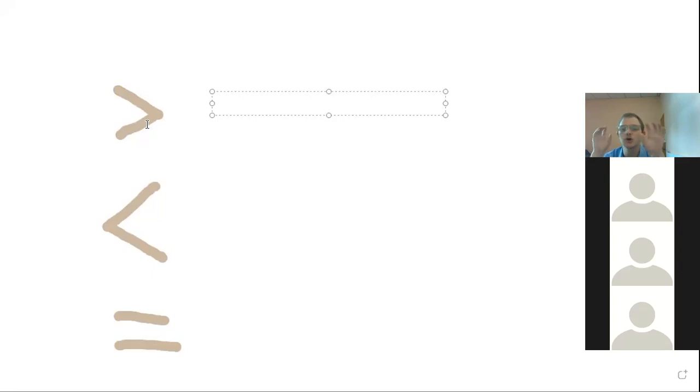If we look at 2 different numbers, we want to know which one is bigger or smaller. We use one of these 3 signs. What does the first one mean?